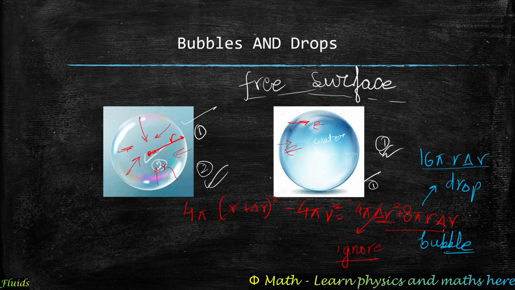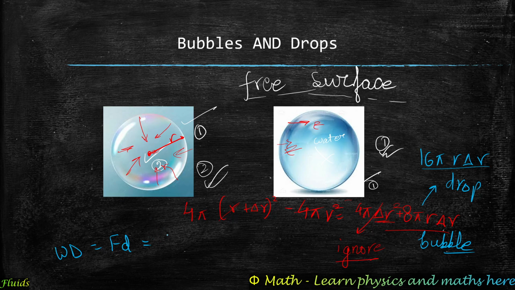Okay, so now the increase in area is due to the work done by the excess pressure. We know that work done is force times displacement, or pressure inside minus atmospheric pressure times area times displacement.